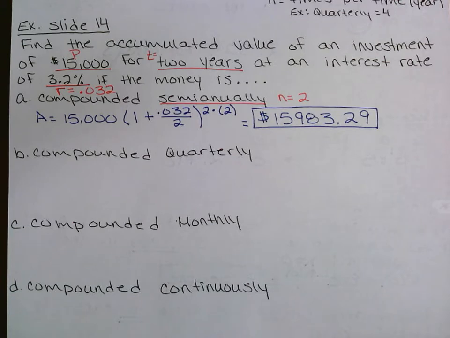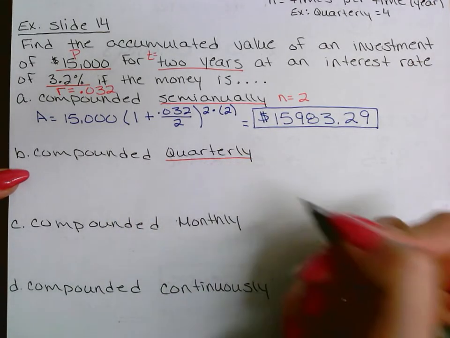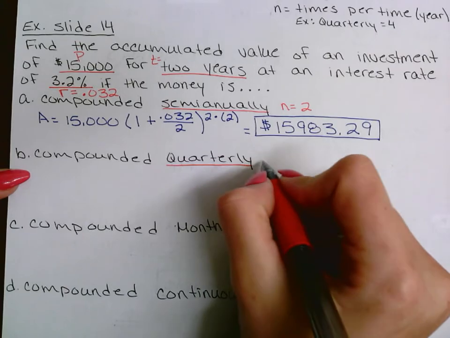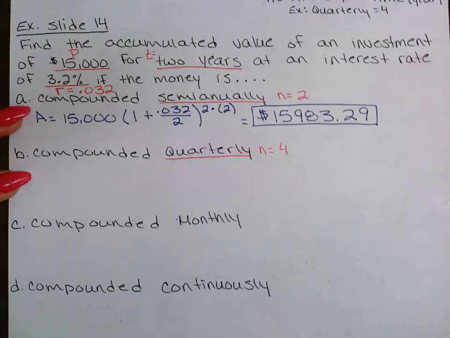So let's set up these next 3 equations, and then I'll give you a moment to put in your calculator, and we'll check out the final answer. The only thing that changes in B, C, and D is how much it is compounded, okay? B says quarterly. What is that going to change in my equation? N, and it will be? Good. Quarterly means 4 times a year.